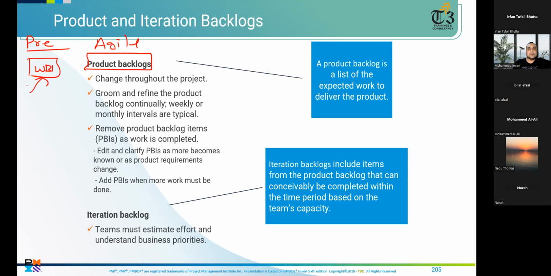WBS is called work breakdown structure. It contains the work that needs to be completed. Similarly, product backlog is also the same thing. It contains the work that needs to be completed to complete the project. So teams will take the work from the product backlog, like in predictive, the team takes the work from WBS.